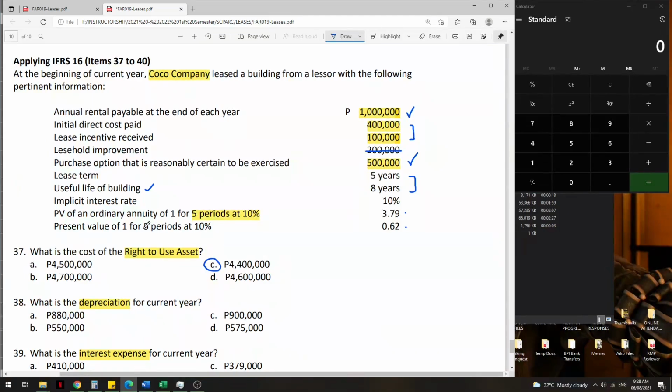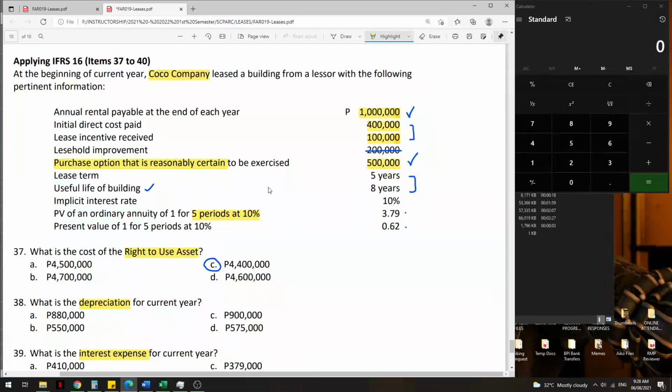And in this problem, hindi sinabi explicitly kung matatransfer kay lessee or kung babalik kay lessor yung asset. Pero guys, there are clues in a problem that assumes or that concludes that it will be transferred or it will be returned. And here is what I am talking about. When there is a purchase option that is reasonably certain, it means that the lessee is going to exercise, di ba?